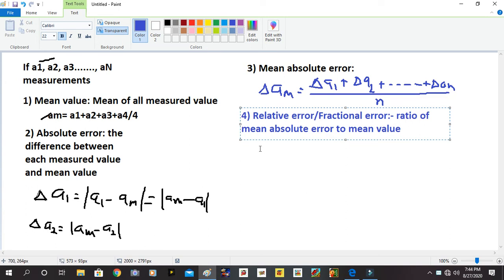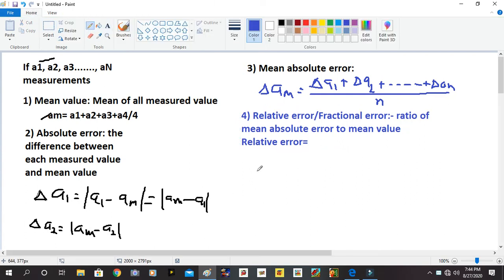Therefore, relative error is equal to the ratio of delta AM upon AM.